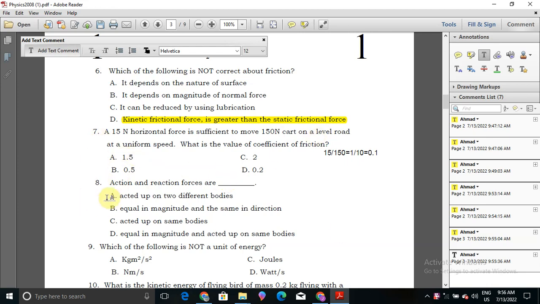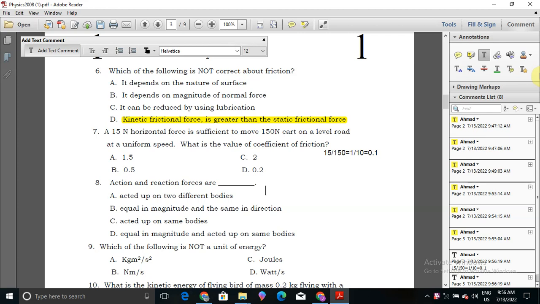Okay, now in question number 8, it says action and reaction forces are what? Acted upon two different bodies, or equal in magnitude and the same in direction, or acted upon the same body, or equal in magnitude and acted upon the same body. First of all, C and D are not correct. Why? Because they say same body. No, they are on different bodies.